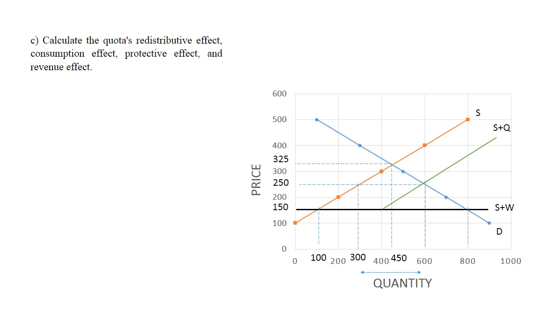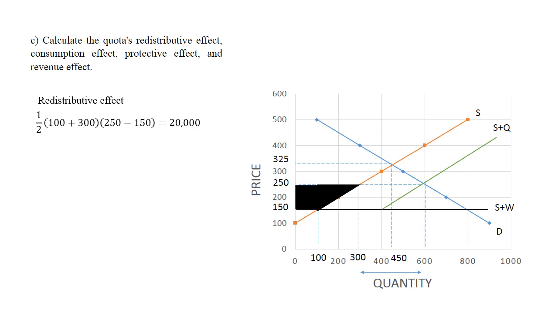So first we want to find the redistributive effect. Which area shows our redistributive effect? This is the area of our redistributive effect, the trapezium shape. So how to calculate it? The formula is 1 over 2 times 100 plus 300 times 250 minus 150.